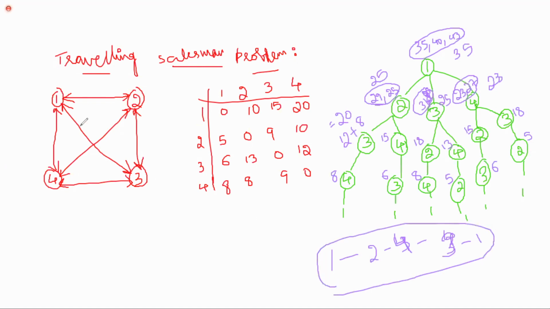The traveling salesperson will start from vertex 1, then go to 2, then to 4, then to 3 and come back to 1. So 1 to 2, 2 to 4, 4 to 3 and back to 1. This is nothing but the shortest path. Am I clear with this?